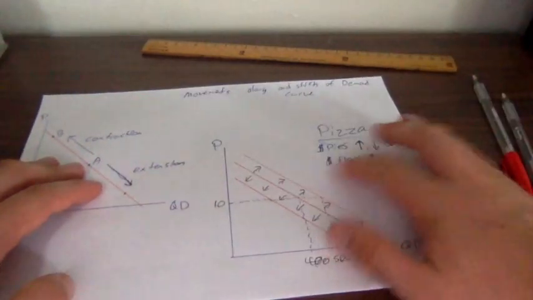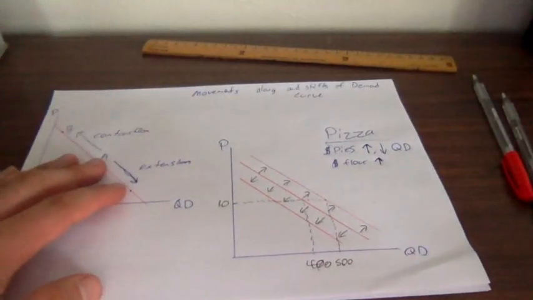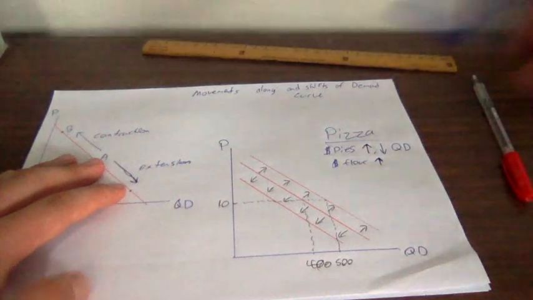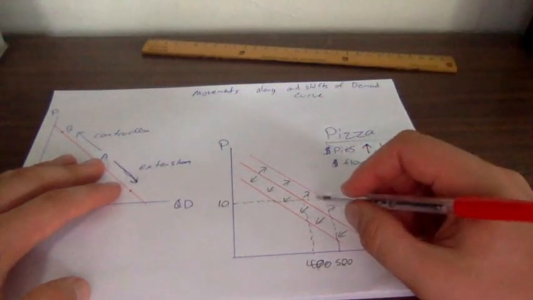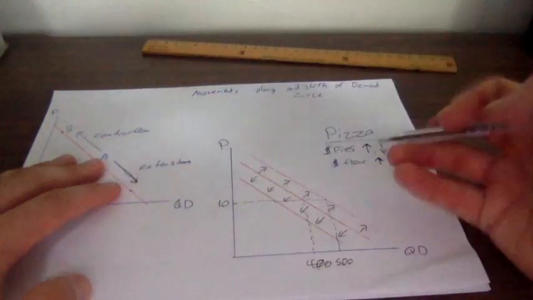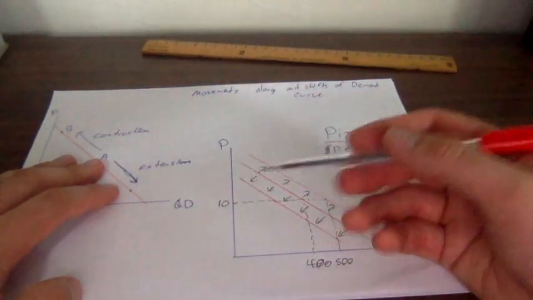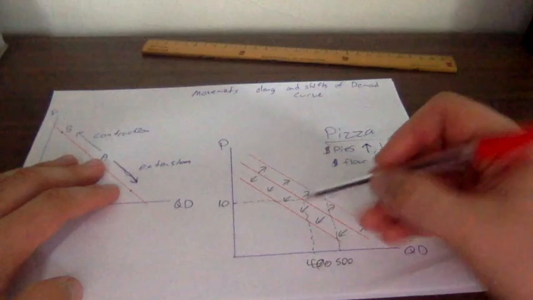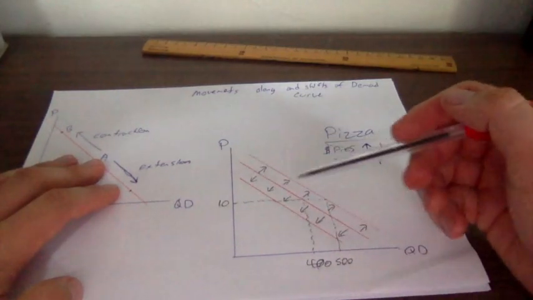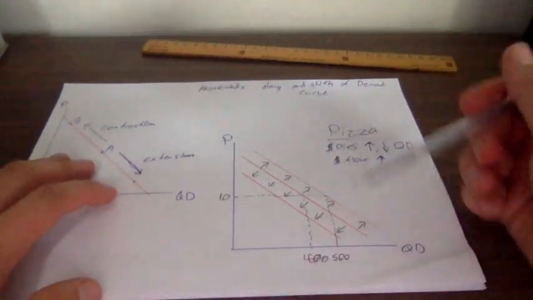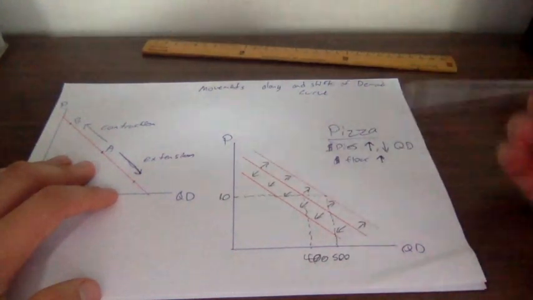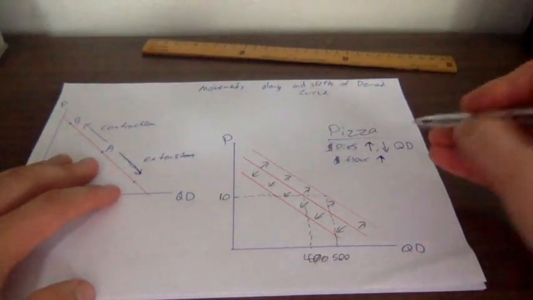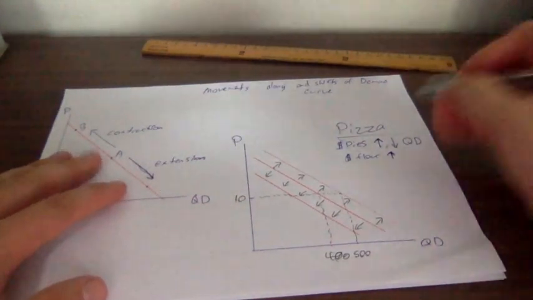So say if there's an increase in the price of flour, basically what this is going to do is shift our demand curve left. When there's a shift left in the demand curve, consumers are going to demand less across every price because the price of our pizzas has increased, because of this flour.